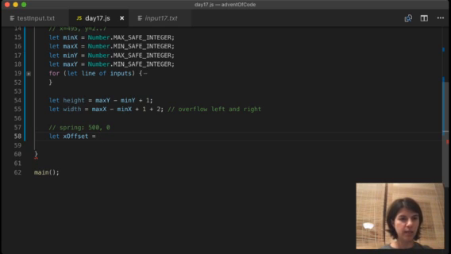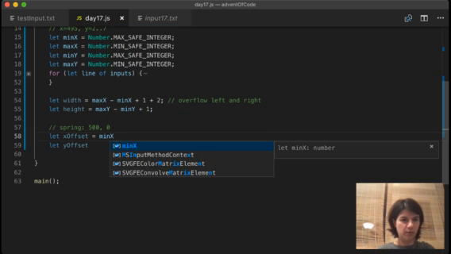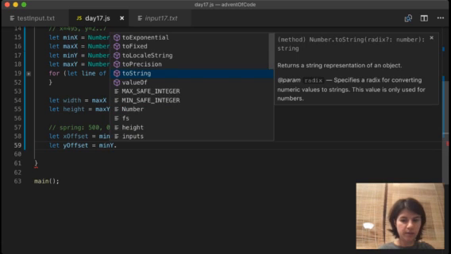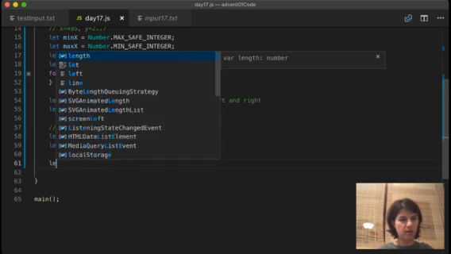And the other one is the height. And the x offset, let y offset. And I always want to start with x just because. So the x offset is minimum of x and the y offset is minimum of y. But then we added something to this x here, so it should be minus 1.